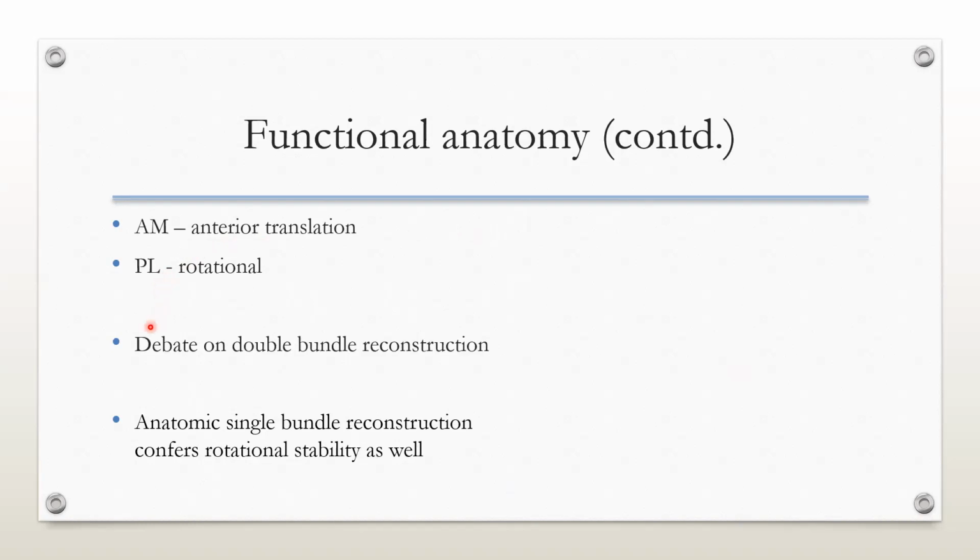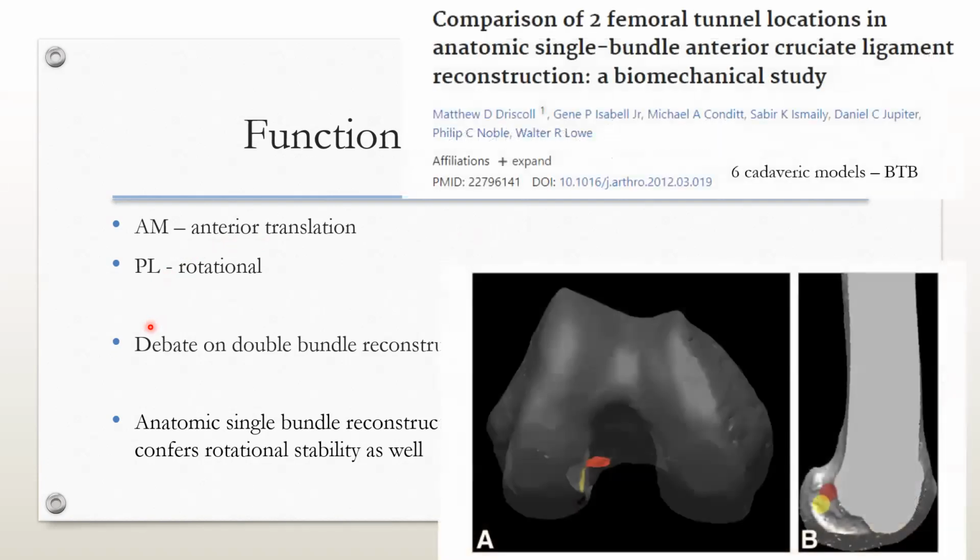So there has been a lot of debate regarding whether there is a necessity to reconstruct double bundles in ACL reconstructions. For example, looking at this study by O'Driscoll, published in 2012 in the Journal of Arthroscopy, they had a similar tibial entry point, and they compared the outcomes using different femoral tunnel positions.